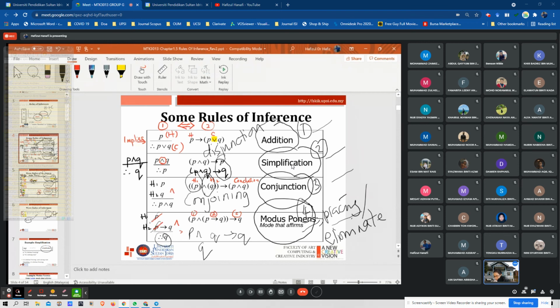P and Q implies P. P and Q implies Q. Either way, it will take the first hypothesis.